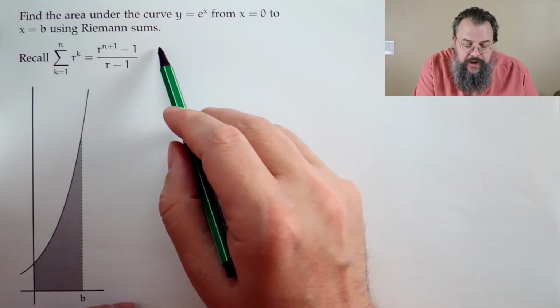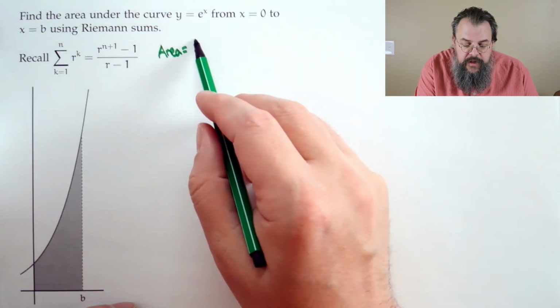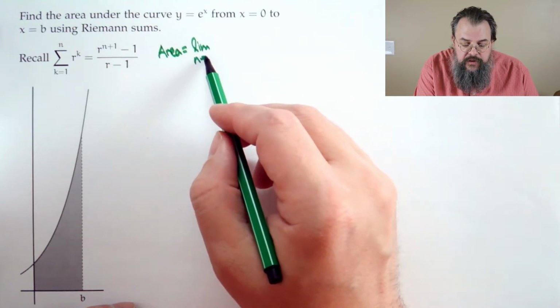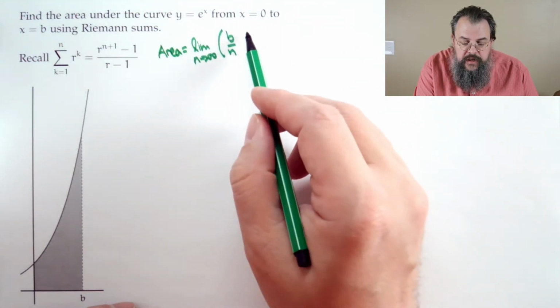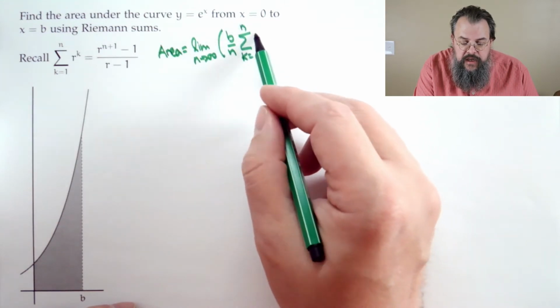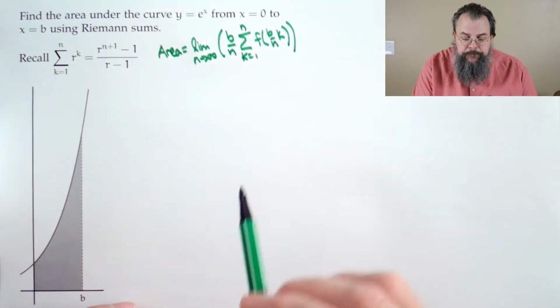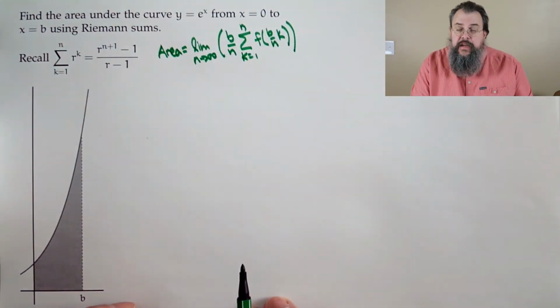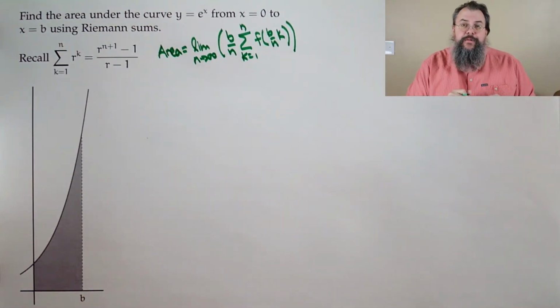So our area, well, that's our limit as n goes to infinity. They have the width, b over n, times the sum, k equals 1 up to n, f of b over n times k. All right, so that's just straightforward. How do you find area by Riemann sums? That's the rule.